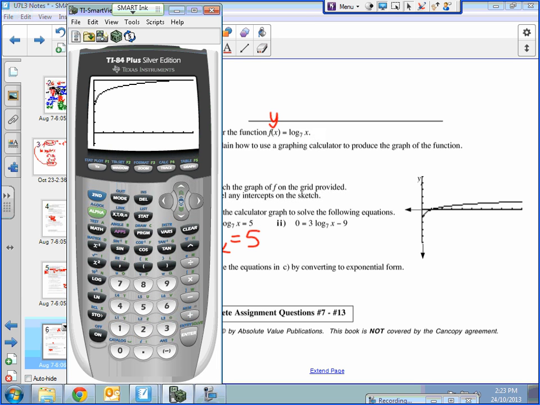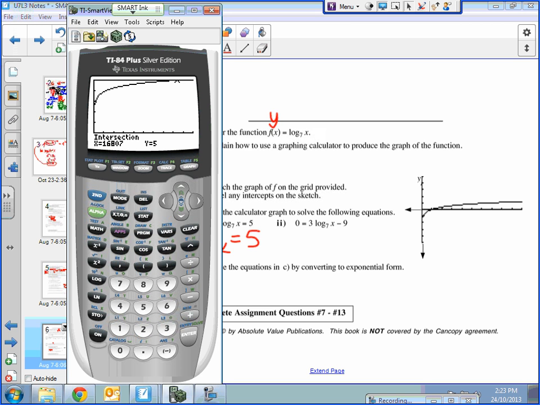You guys still with me? Do y'all have this on your graph? Good? Okay, so if I have two graphs intersecting, how do I find the value of x? Second trace, intersect. So if you get a value, then you know they've intersected.